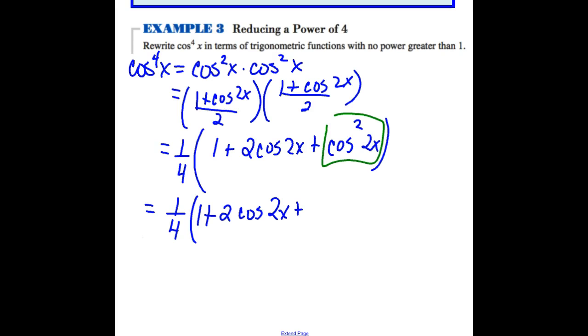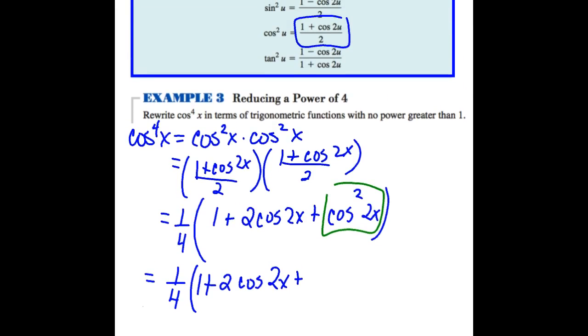But take a look at the formula again. We went from a u here, and it became twice as big here, right? It got doubled when we reduced the power. The angle got doubled. So when we go and reduce this power of 2, this angle is going to get doubled. Does that make sense?